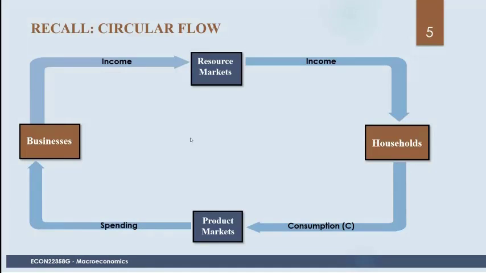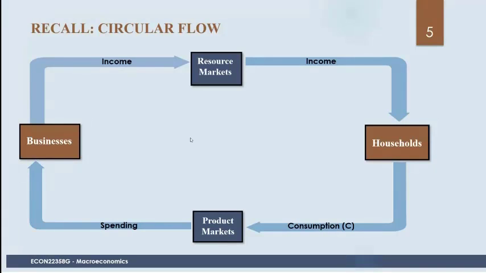Businesses provide income to households because the households are providing the factors of production: land, labor, capital, etc. So that's the resource market. You have money being paid to households for what they provide to the businesses to make the goods and services. Labor is a good example, with wages and other sources of income.